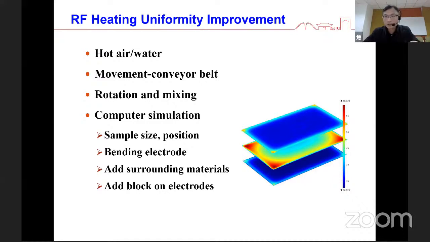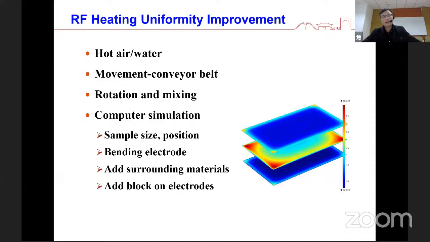Actually, a lot of factors would affect RF heating uniformity, including sample size and sample position between those two parallel electrodes. And also the bending of the electrode would affect the heating uniformity. And also we can add some surrounding materials to improve the heating uniformity.